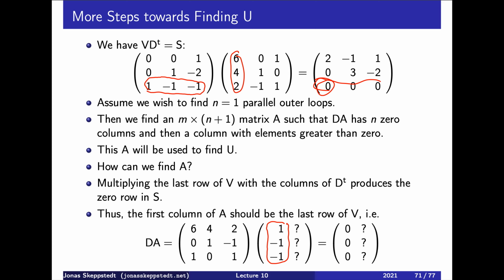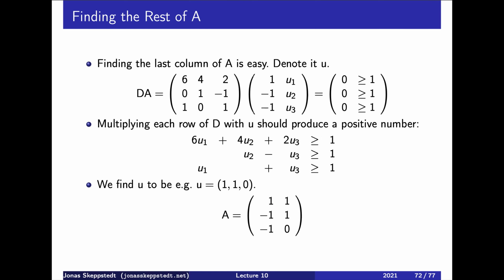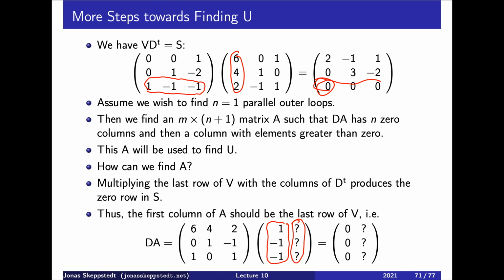The question now remains, what should we have here? We should have numbers so that the product of D and A becomes positive. I mean, these numbers should be positive.